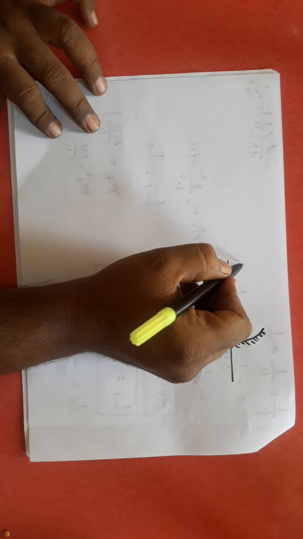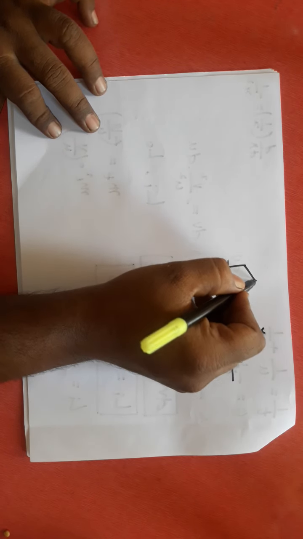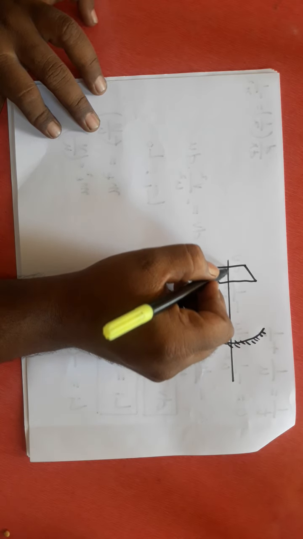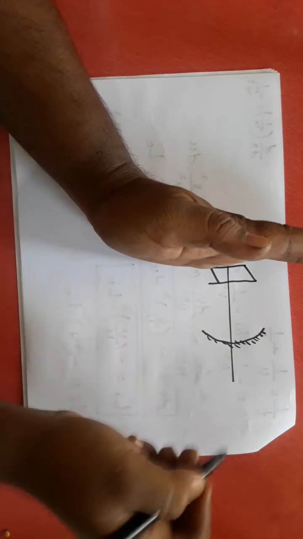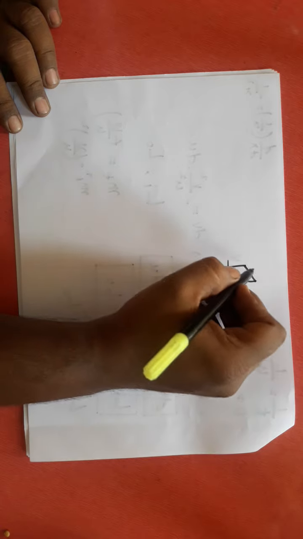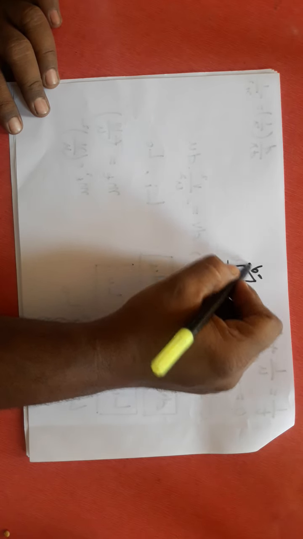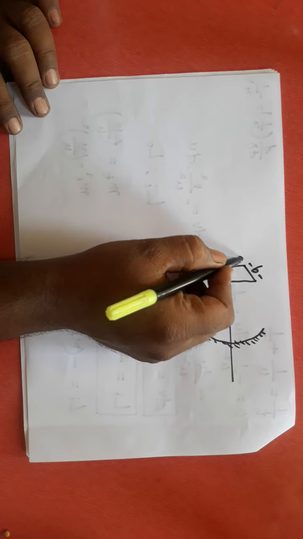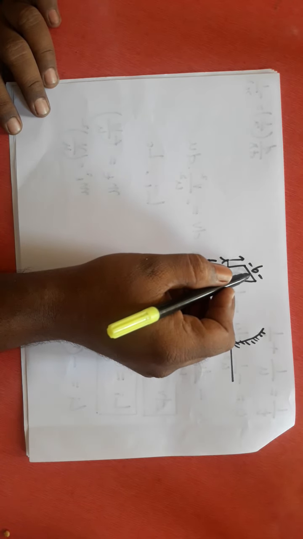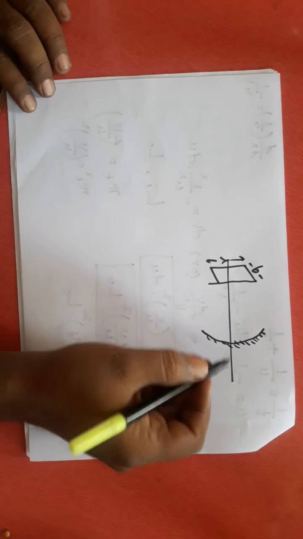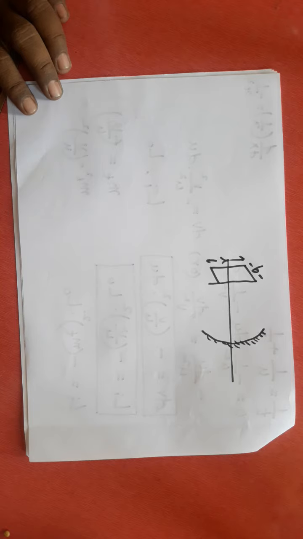If it is kept with its plane perpendicular to the principal axis, say this is the breadth of the object and this is the length of the object, then when its image is formed, both length and breadth will be increased.